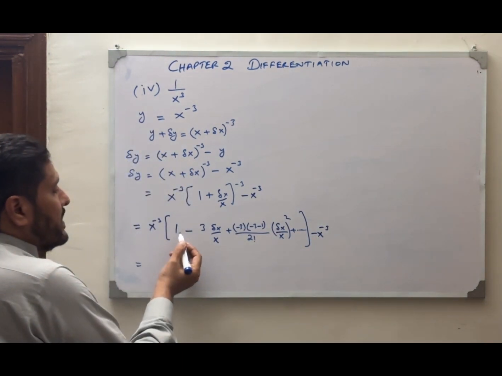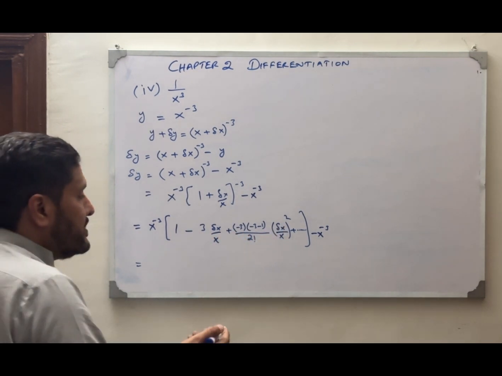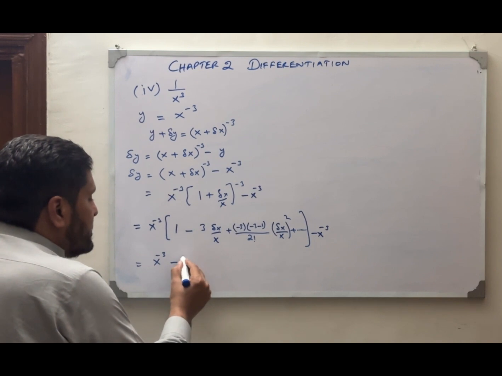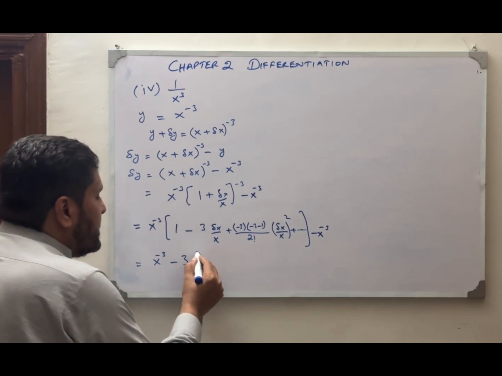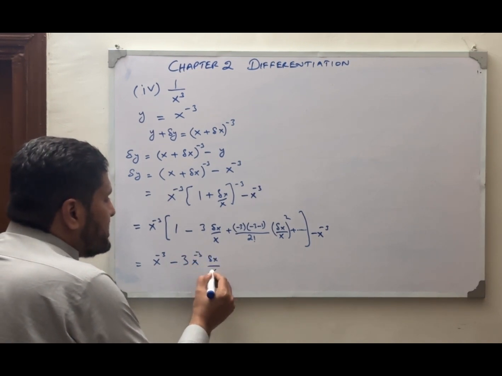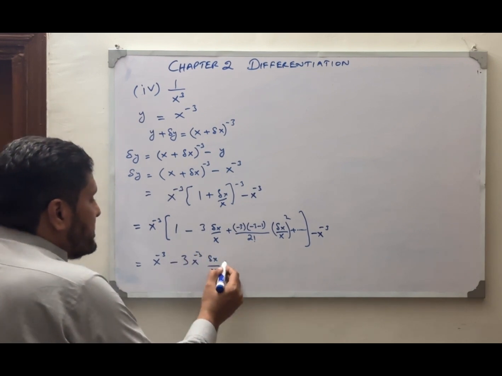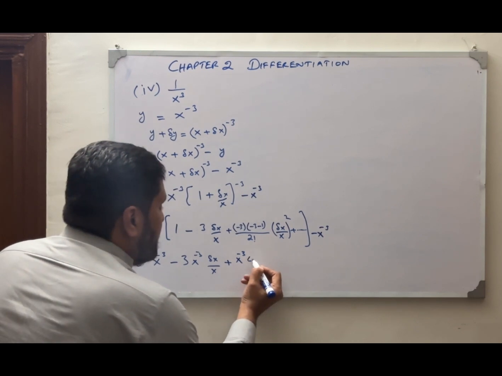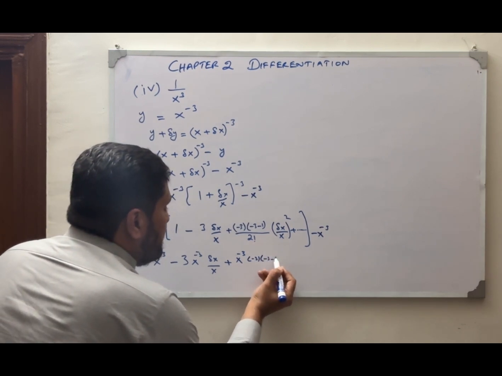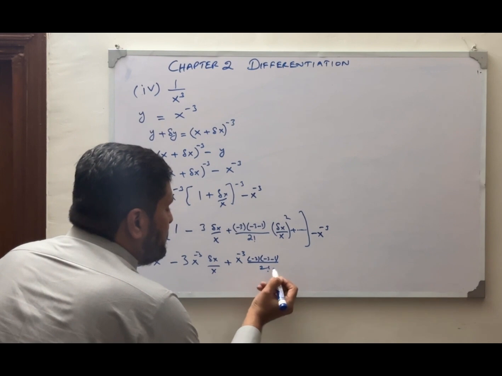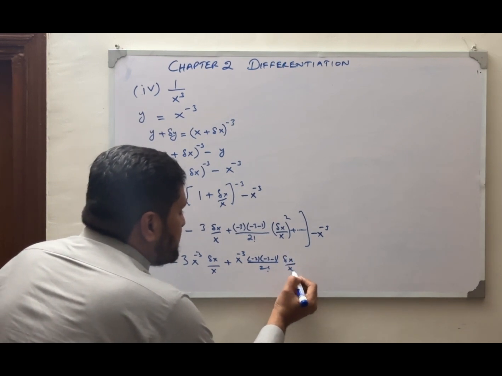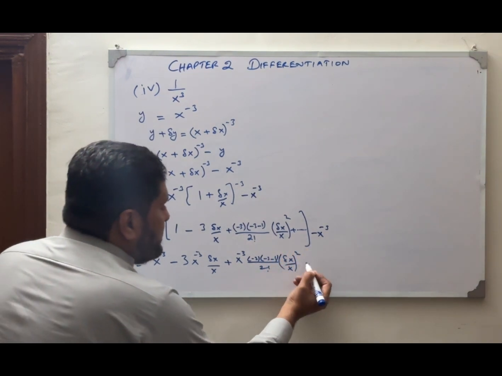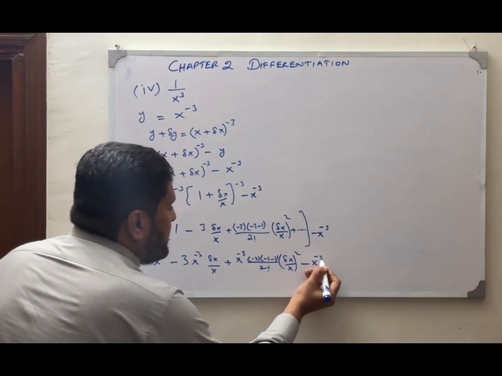So multiplying this x power minus 3 with this whole term, this will become x power minus 3 minus 3x power minus 3 delta x by x, and then plus x power minus 3 into minus 3 minus 1 whole divided by 2 factorial into delta x by x whole square, and then we write this term minus x power minus 3.